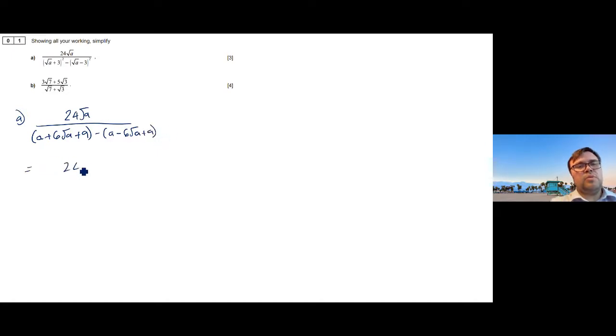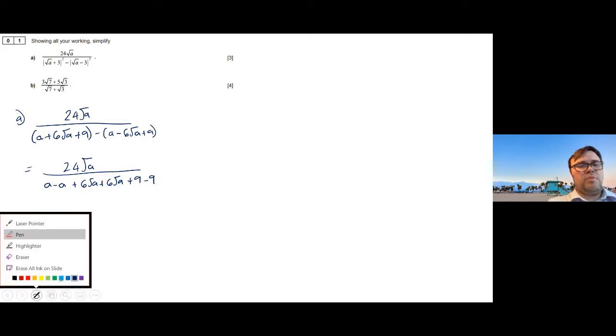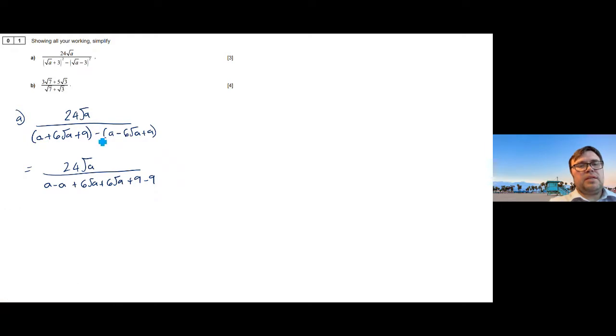Next line, 24 root a over, and expanding this, we have a minus a plus 6 root a plus 6 root a plus 9 minus 9. Here we have the minus sign. When we're multiplying by the minus sign, each one of these terms is multiplied by minus 1, so they're going to change their sign.